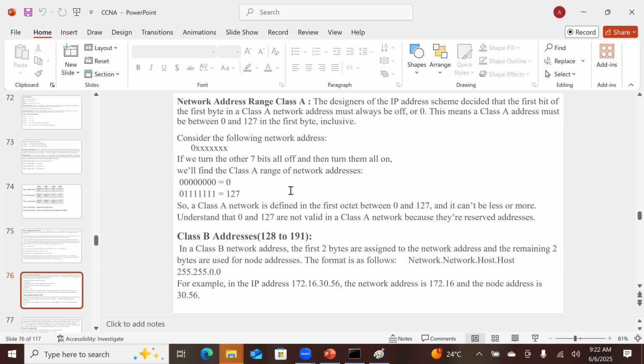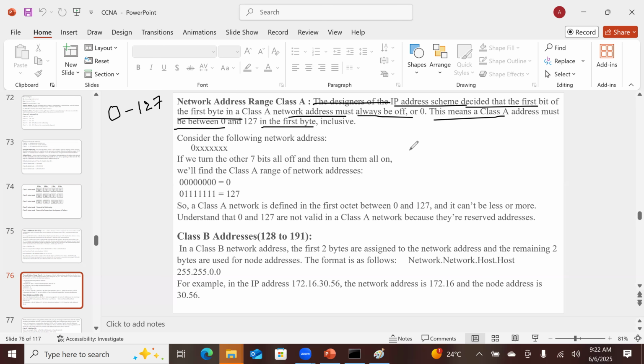Next, we'll talk about the design of class A. Why have they taken the class A range from 0 to 127, and how? The designers of the IP address scheme decided that the first bit of the first byte of a class A address must always be off, or 0. This means a class A address must be between 0 and 127 in the first byte.